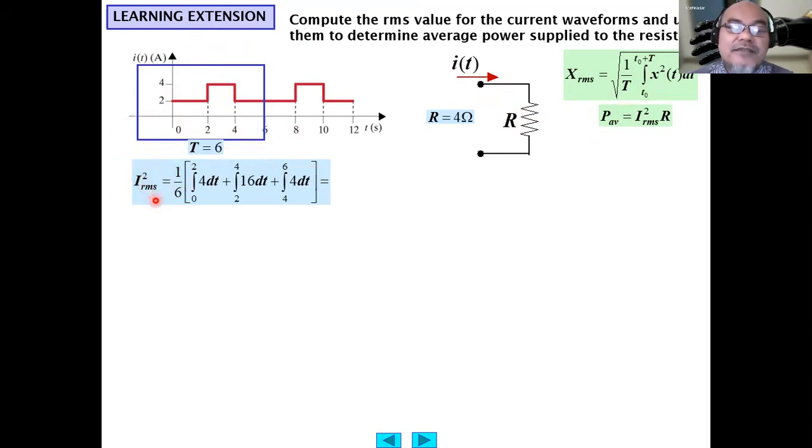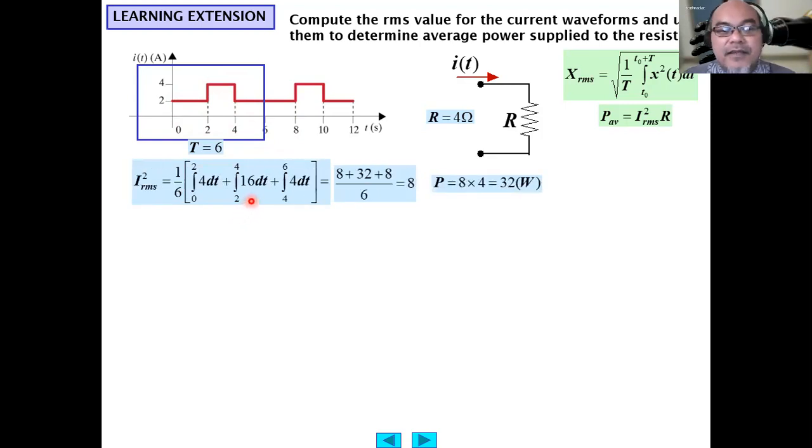I square RMS equals 1 over 6 multiplied by the integral from 0 to 2 seconds of 2 square, which is 4, plus the integral from 2 to 4 of 4 square dt, which is 16 dt, then from 4 to 6 the integral of 2 square dt, or 4 dt.